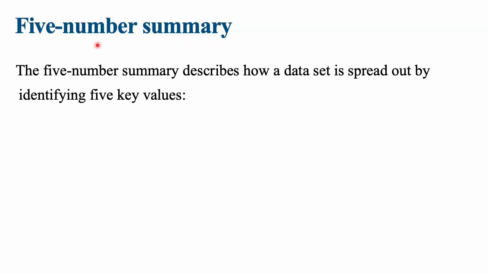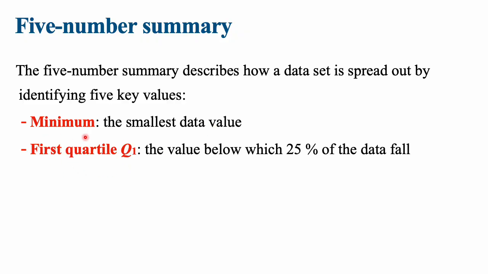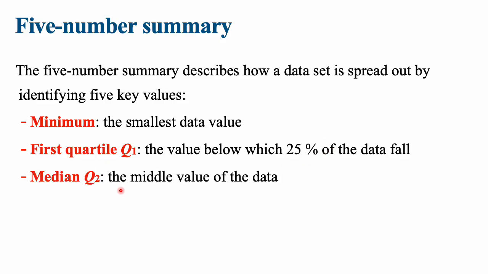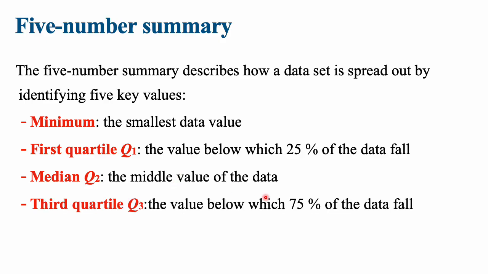Now I give the 5 number summary here, guys. The 5 number summary describes how a data set is spread out by identifying 5 key values. First one is the minimum, that's the smallest data value. Second is the first quartile, the value below which 25% of data fall. Second quartile, that's the median, the middle value of data.